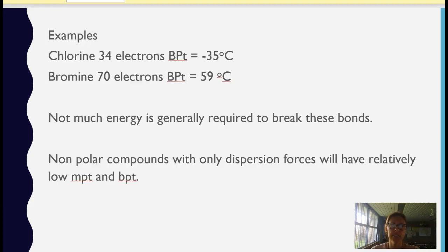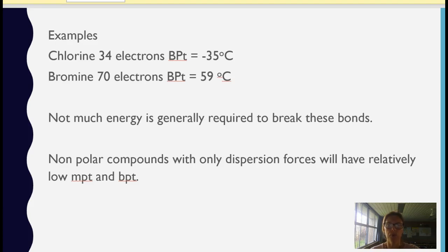Now, interestingly, looking at that example we talked about before, the number of electrons present in the molecule or the atom affecting the size and strength of this bond, we can see that here with chlorine. So if I had a chlorine molecule, Cl2, it would have 34 electrons, and it's got a boiling point of negative 35 degrees Celsius.